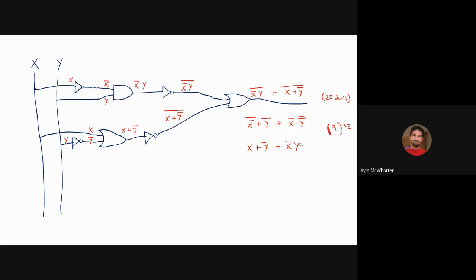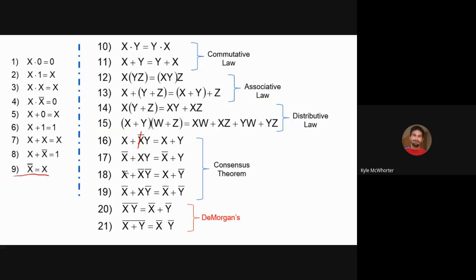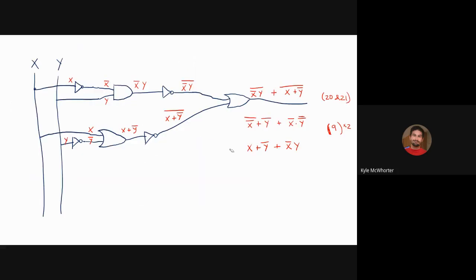The one with the buddy doesn't have a negation, but its friend does. So basically, the y here is going to get crossed out using one of the consensus theorems.